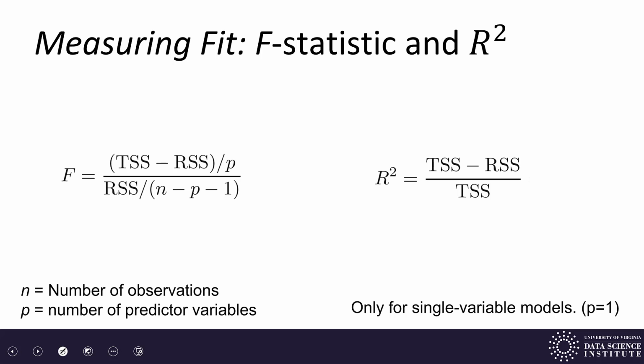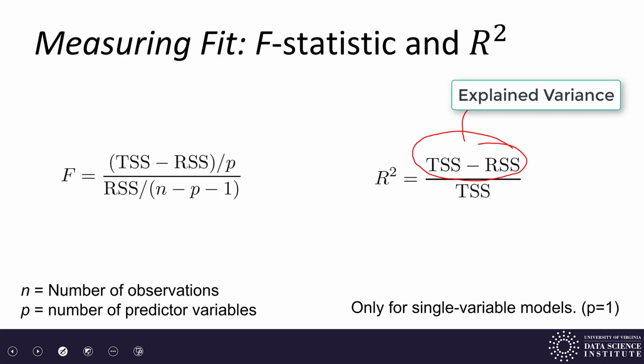First, on the top of the R-squared, remember from before, TSS is total sum of squares minus RSS. That gives us the explained variance. So we take the total variance present in y, subtract off the residual variance which isn't predicted using our linear regression, and that's explained variance. TSS in the bottom here is just total variance. So R-squared is the proportion of variance in y that's explained by our linear regression.